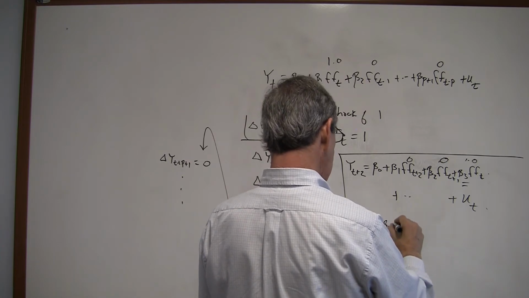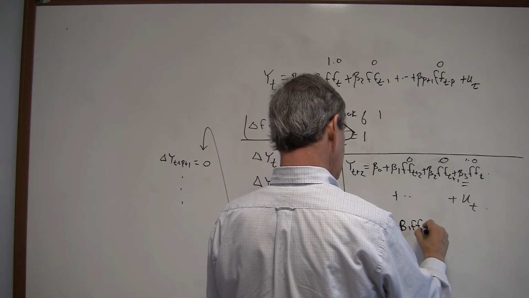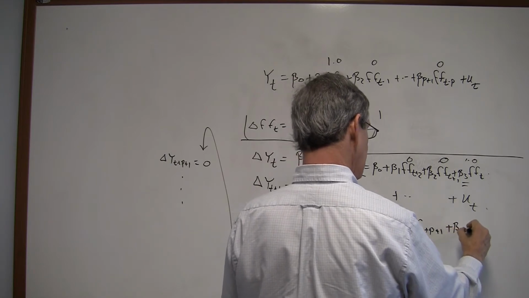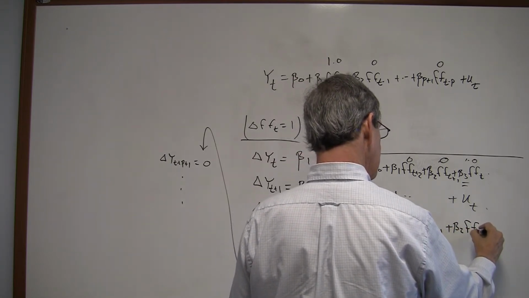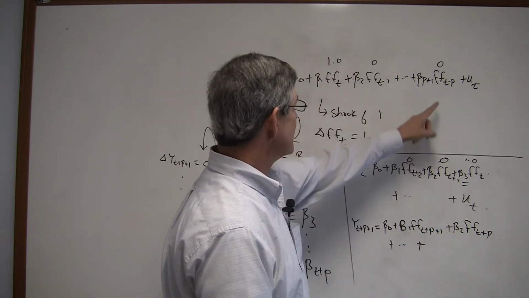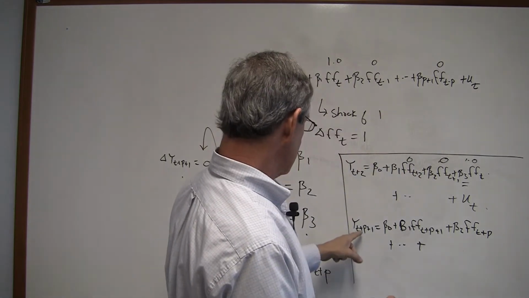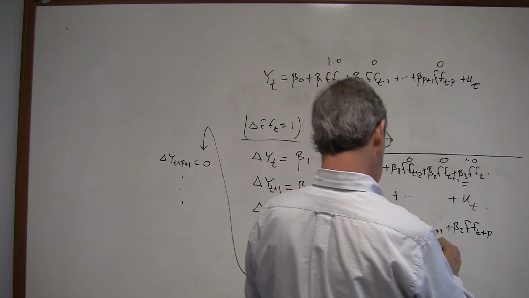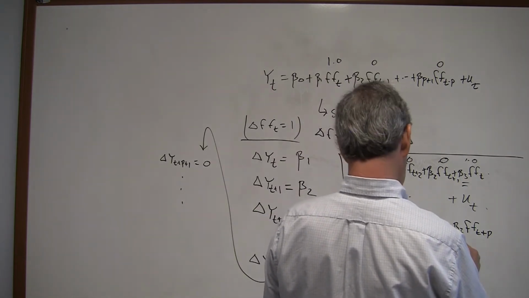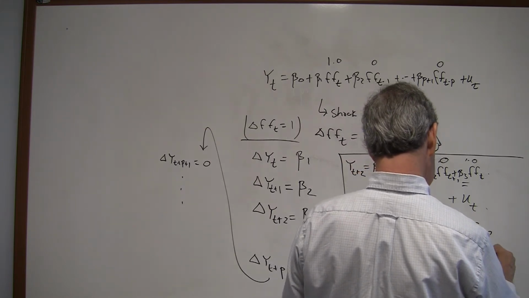That would be beta naught plus beta 1 FFt plus p plus 1 plus beta 2 FFt plus p, and so on. This one's t minus whatever, this is just p back. So this is going to be beta p plus 1 times FFt plus ut.